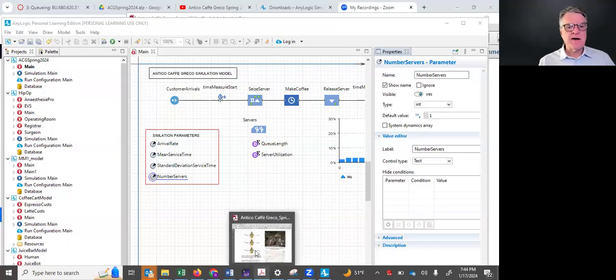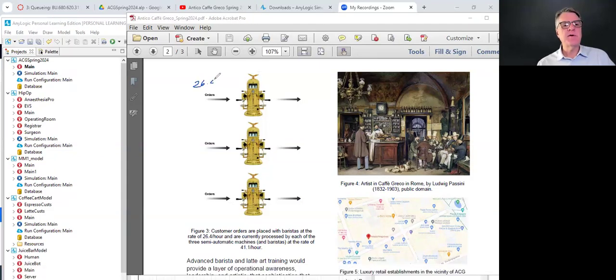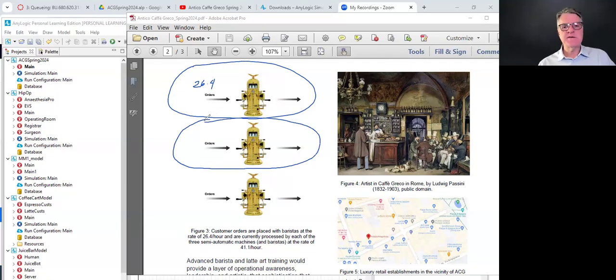So just go back to our document. What we know is that the arrival rate is 26.4. We're analyzing each of these baristas independently because in the base case, we can think of them as serving a subset of the tables that are assigned to them. The order streams are identical, all coming in at 26.4.